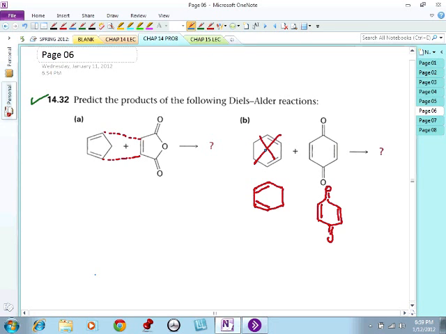Okay, Eric, so you want us to join what? This carbon? Yeah. You join this carbon to this carbon here, and this one to that, and that gives you your 6-member ring. And in so doing, this double bond will disappear, and then, of course, this new double bond will be here. So now we have our product.